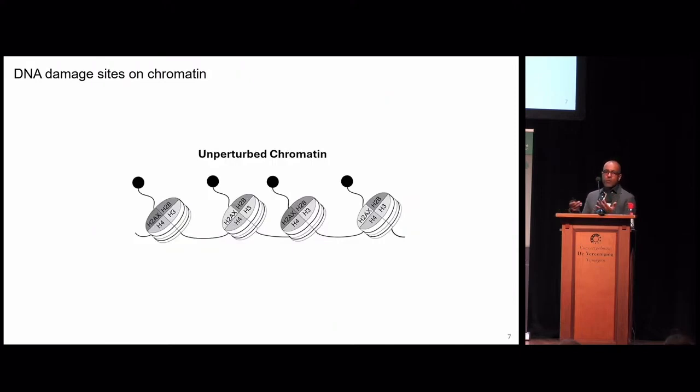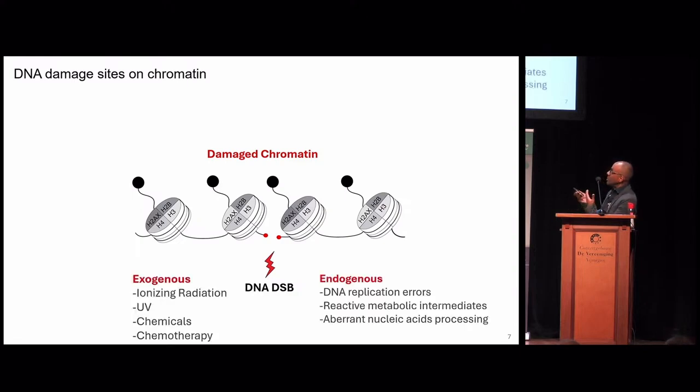So we have the unperturbed chromatin and all these regulatory processes that are taking place in there. But upon a DNA double-strand break, which can be, for example, from exogenous sources, many different drugs, ionizing radiation, UV, or also from endogenous sources.